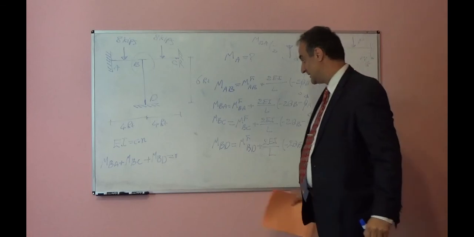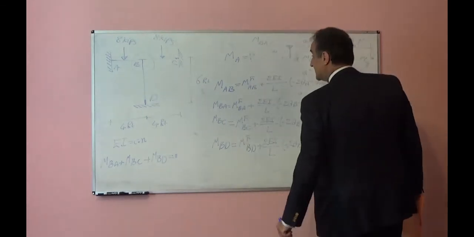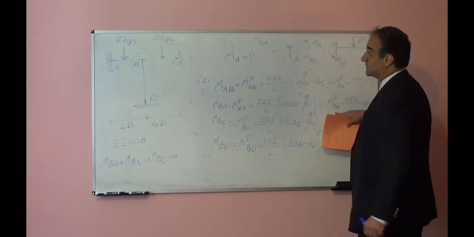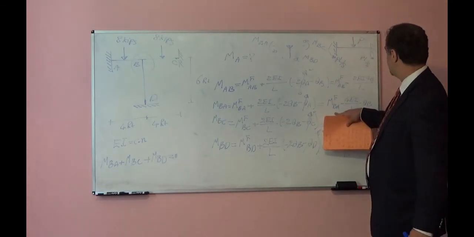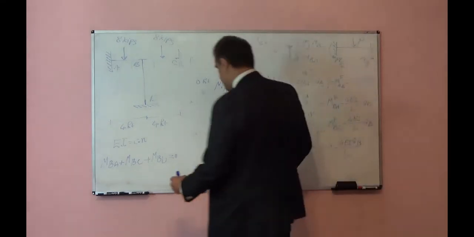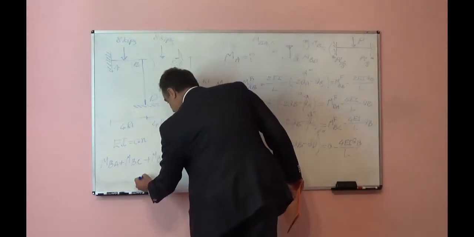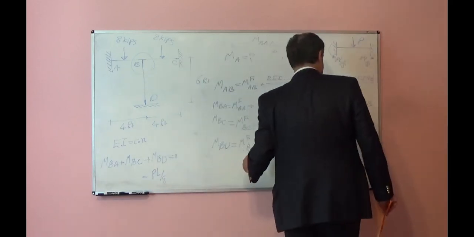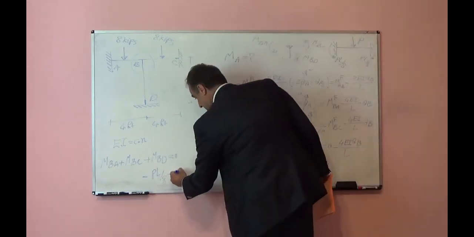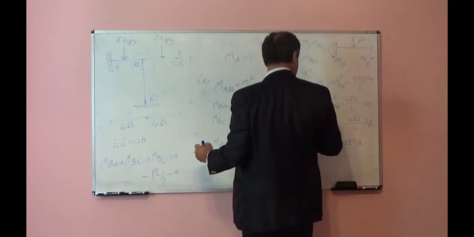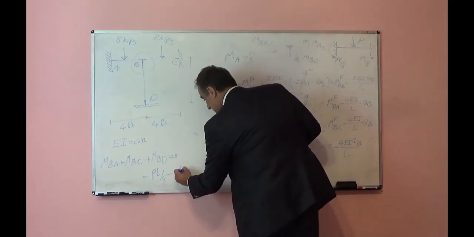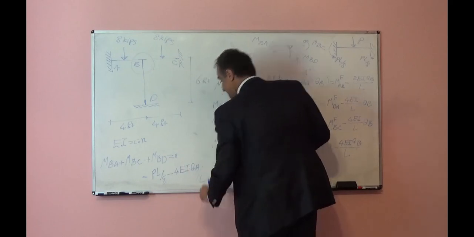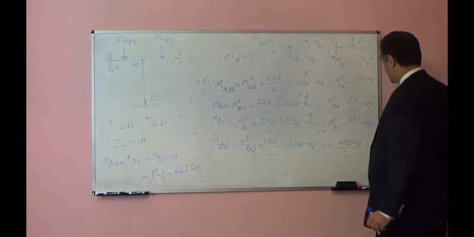So for MBA, M fixed BA will be negative PL over 8 because it is clockwise, negative PL over 8 minus 4EI theta B over L. You see that.